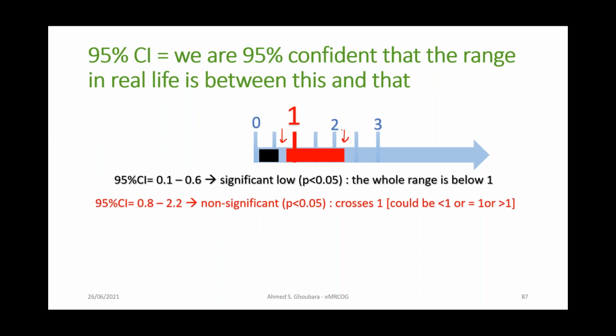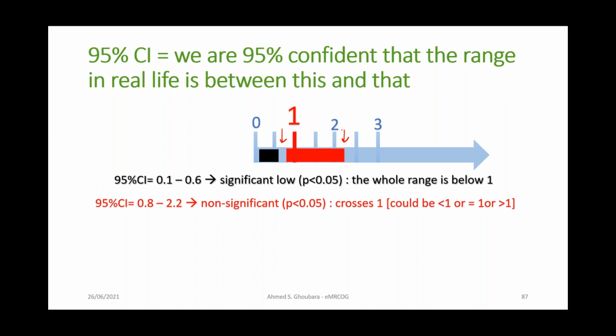Actually, I don't like the term 95% confidence interval, but I would say instead that as a researcher, if I repeat the research in the whole population, in the real world, I'll be 95% confident that the range lies between 0.8 and 2.2.